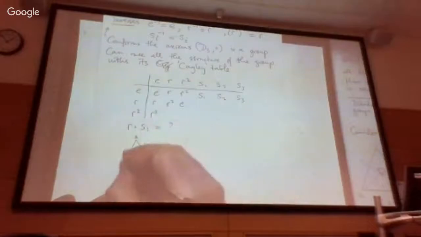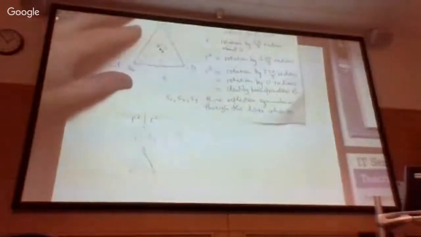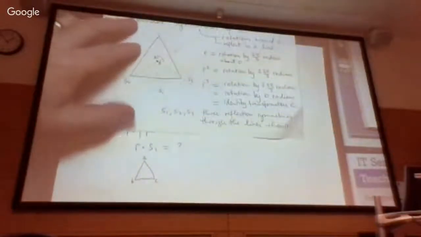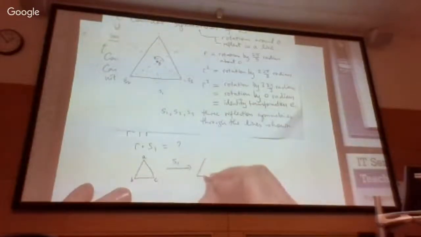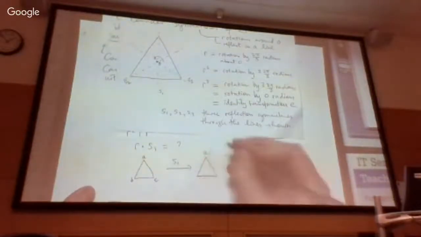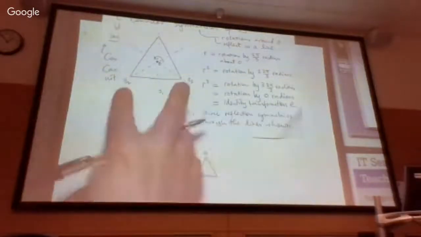So I'll use labels ABC for my triangle, and we'll try applying these symmetries. Now I'll need my original diagram. I'll need to remember how I labeled my symmetry axes. So if I first do reflection S1, where do the vertices move to? Well, A remains the same because it's on the reflection axis, but B and C swap.